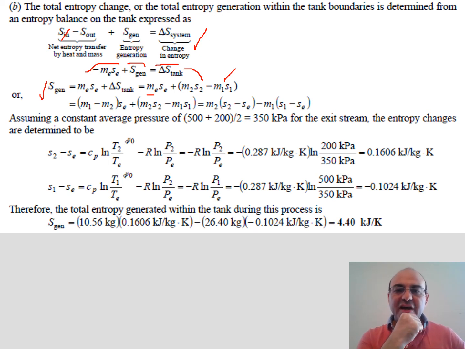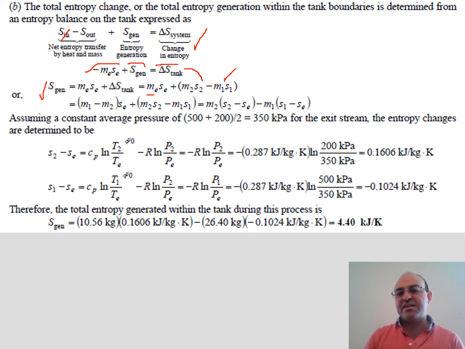So in order to find the entropy difference, we go ahead and use the entropy relations based on constant Cp and Cv. We also have the opportunity to use the air table. If you go to the air table, you would need to use S0, which is the most accurate.